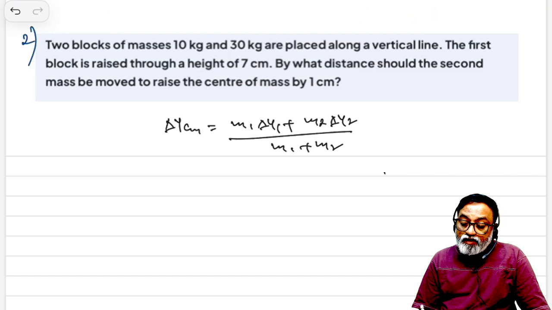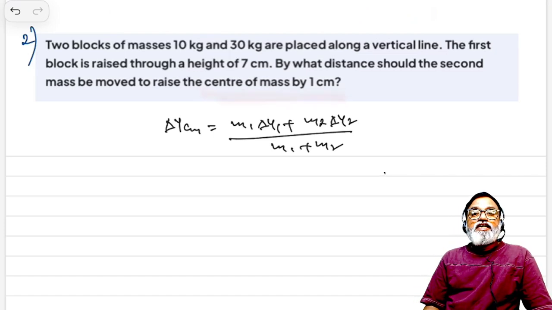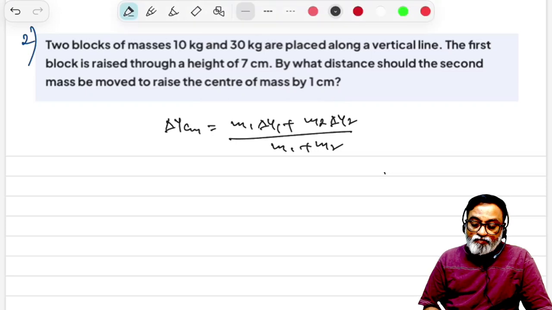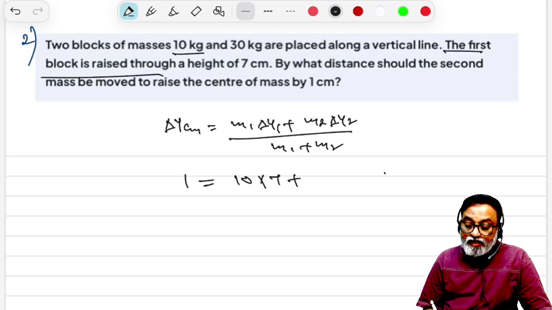Raise the center of mass by 1 centimeter. Therefore, displacement of center of mass is given as 1 centimeter. Mass m1 is 10 kg, the first mass raised to a height of 7, and m2 is 30. We have to find the displacement of the second body, and total mass 10 plus 30, 40.